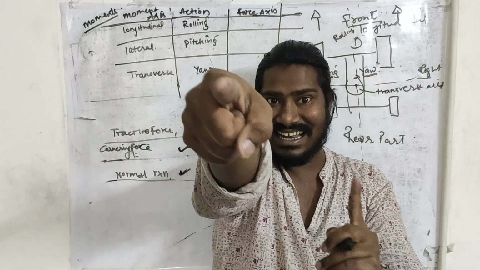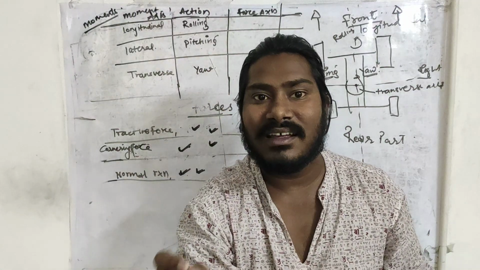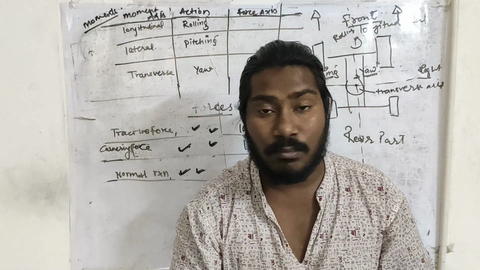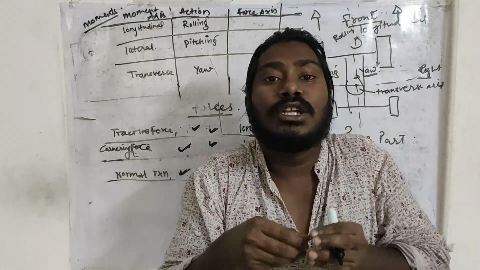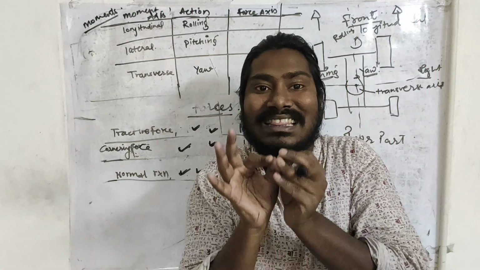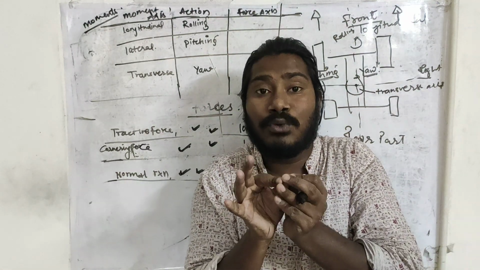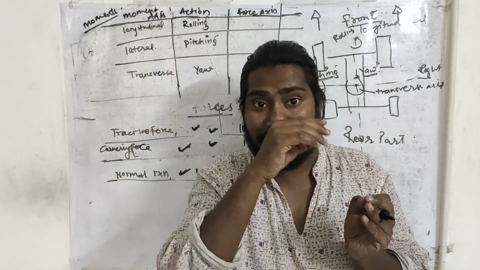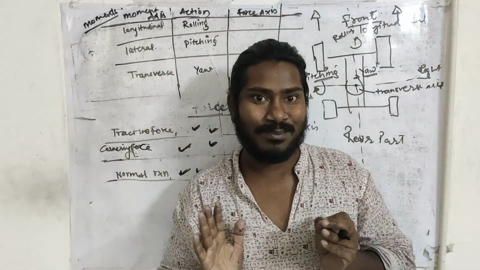So there must be a trail. To create the movement, we need the torque, and the torque can only be produced if we have an arm, and the force acts over the arm.